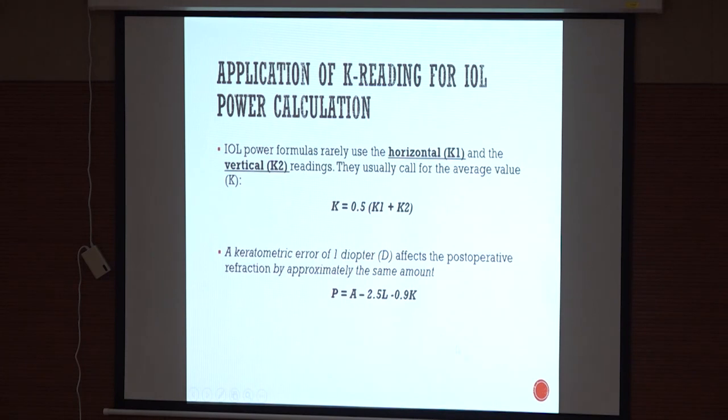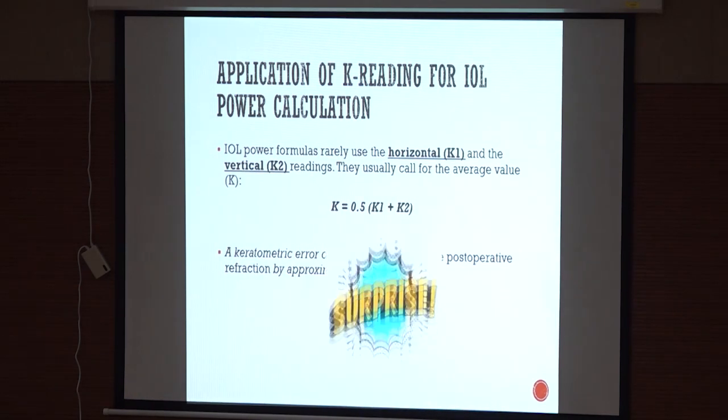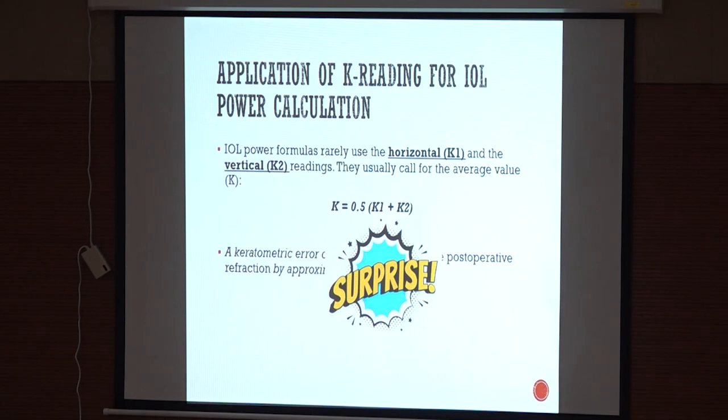If you go through this formula, you can see that the keratometry reading has to be so accurate that even a 1 dioptric change in the keratometry reading would lead to a post surgical refractive surprise of the same amount, that is around 1 diopter. So the keratometry reading should be very accurate while we are planning an intraocular lens power.